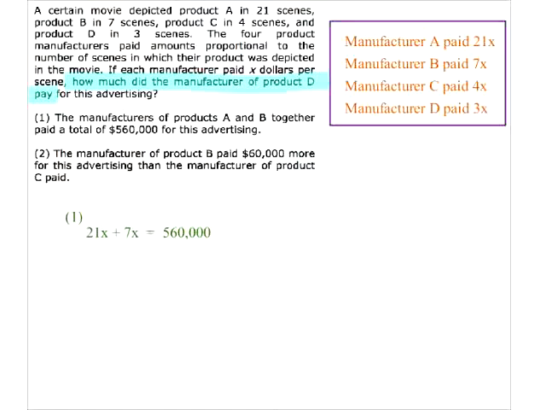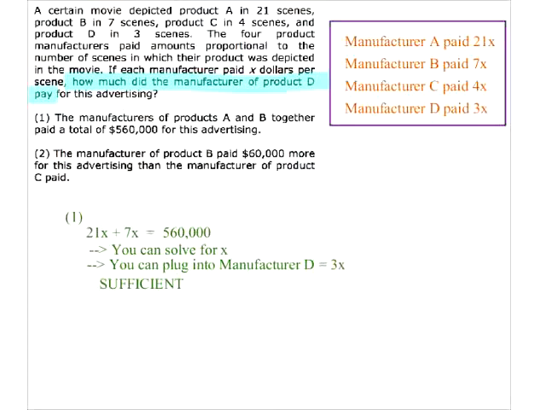You don't actually have to solve for it. You can just say you can solve for x, and as soon as you realize that, you don't actually have to do it. And then once you have x, you can plug into manufacturer D, which we know spent 3x. So that means you're going to have a number for this, so this is sufficient.